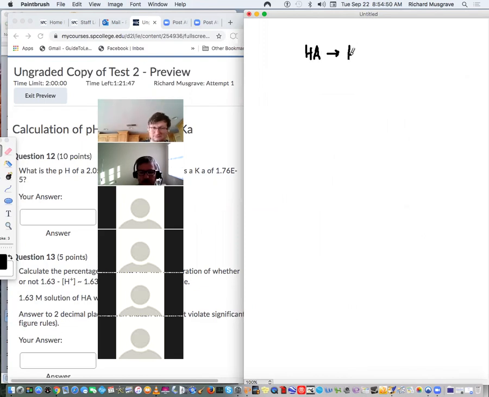And I won't use the water. I'll just go HA gives H plus plus A minus. The initial is going to be 2.05 on the HA, and 0 and 0 on the other two.